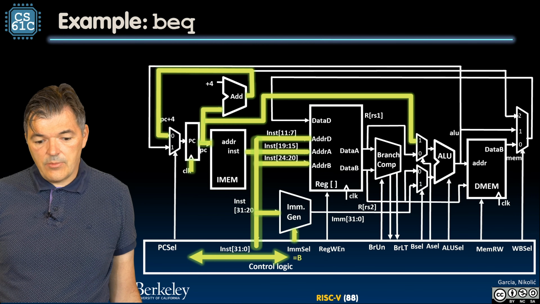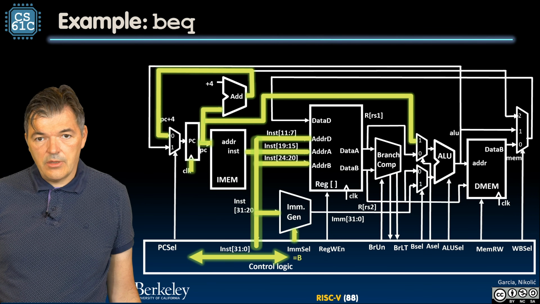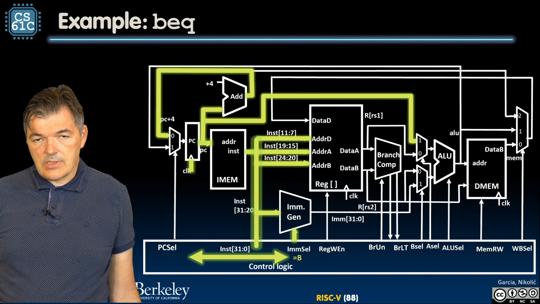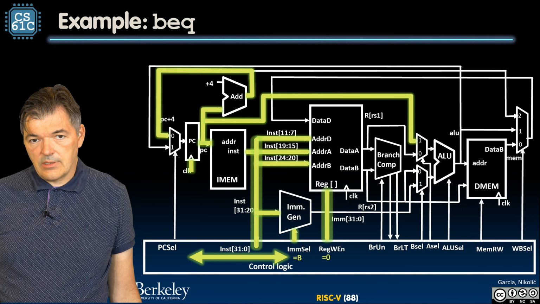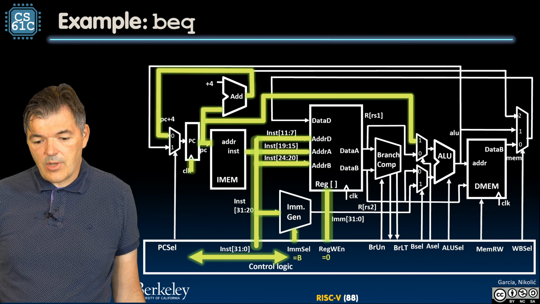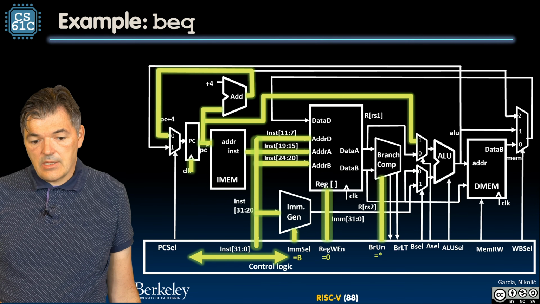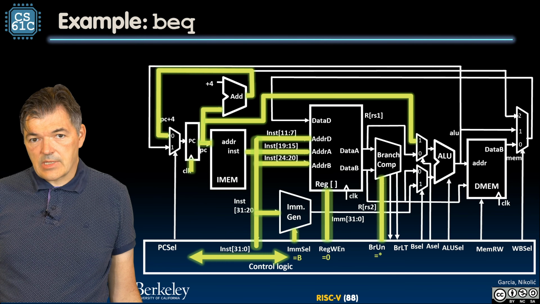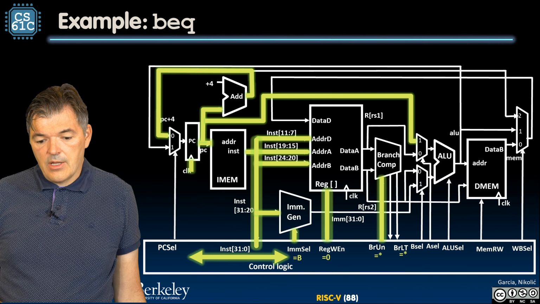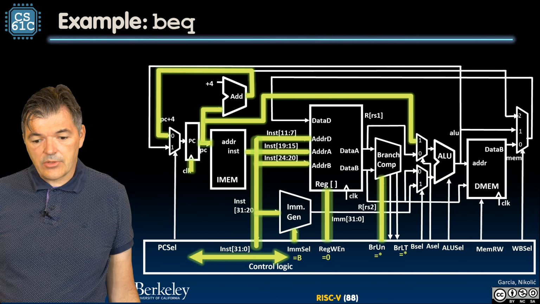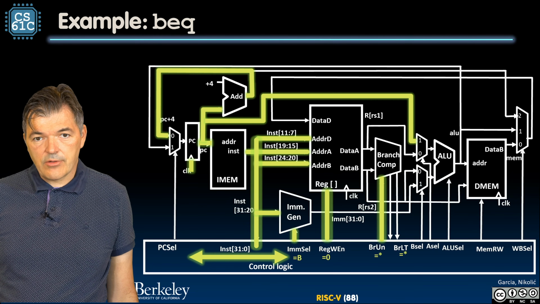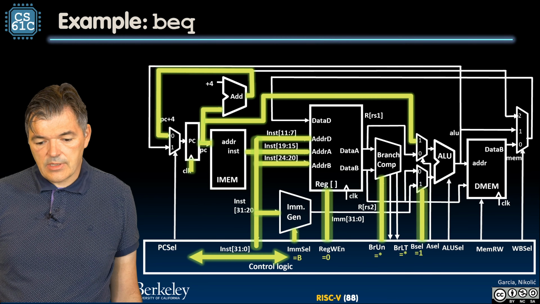We can't do anything with the PC select until we know the outcome of the branch, but we can set that immediate is of a branch type. Register write is 0. We are not writing anything back to the registers. This is branch if equal, so signedness does not matter. Branch if less than, we don't care about the outcome of that, so we are not going to take it into consideration when calculating the control signals.